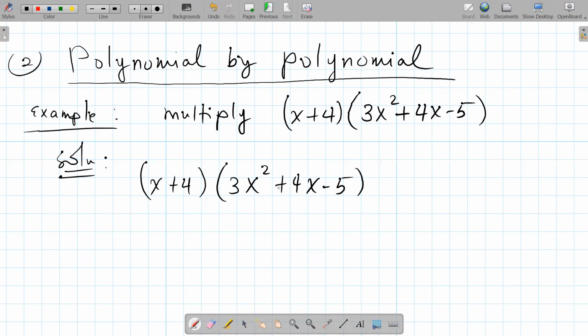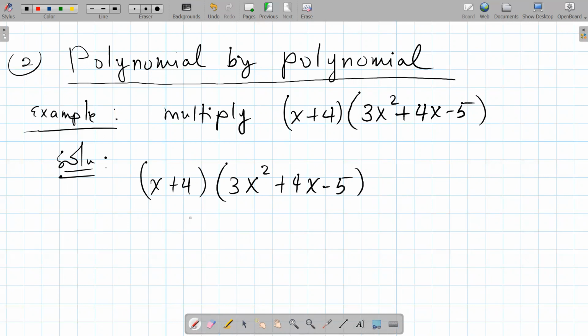So you can approach it in any way feasible, possible for you. We have two polynomials. Of course, this is a binomial and that is a trinomial. But we just term them as polynomial by polynomial.